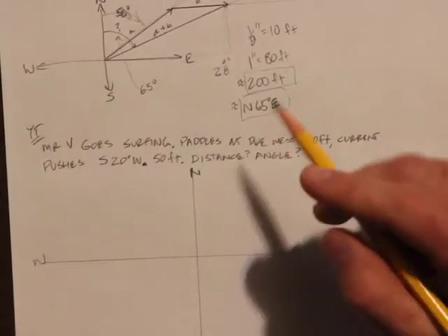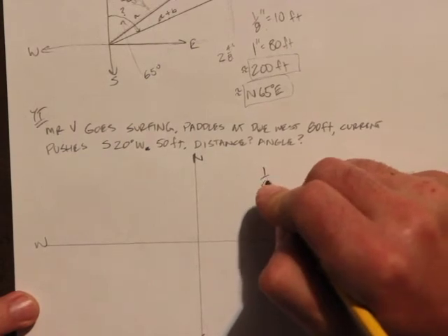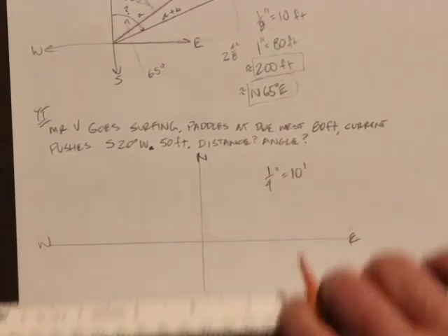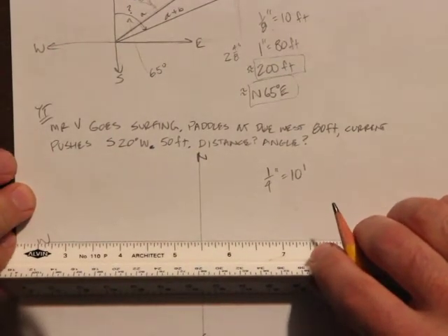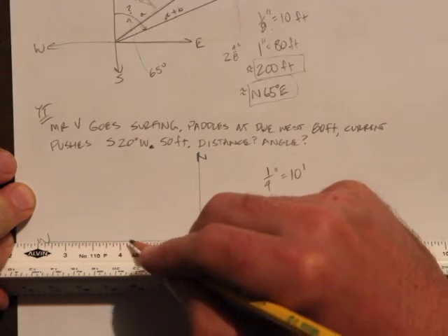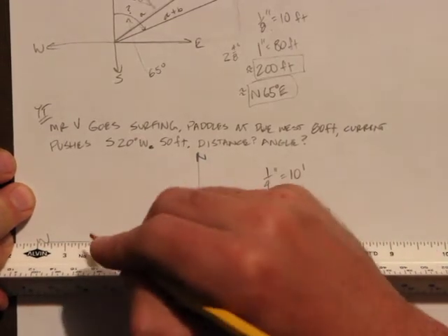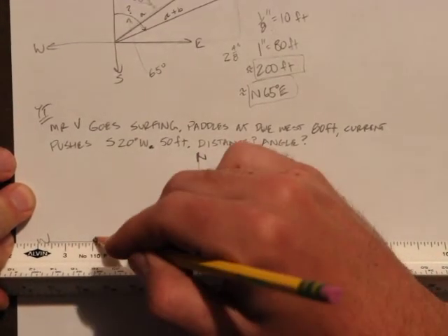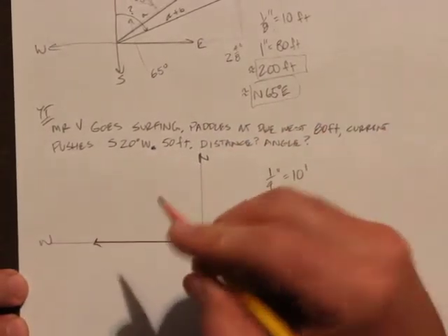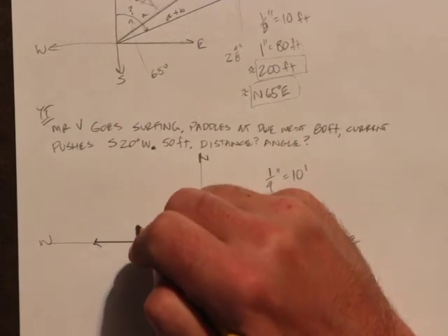So a quarter inch equals 10 feet. So we go 1, 2, 3, 4, 5, 6, 7, 8. That's 80 feet.